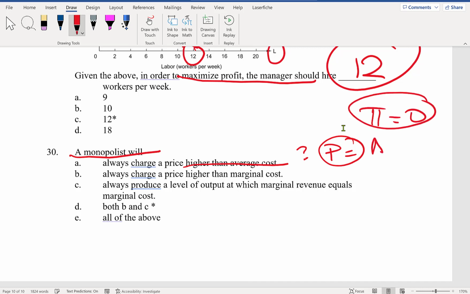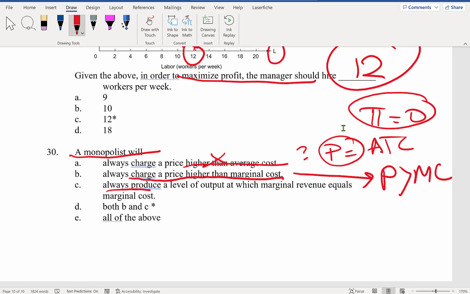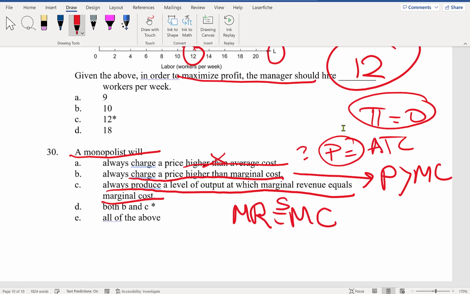So this is wrong. Always charge a price higher than marginal cost. Yes, price is greater than marginal cost. Always produce the level of output at which marginal revenue equals marginal cost. Absolutely correct. So B and C are correct.